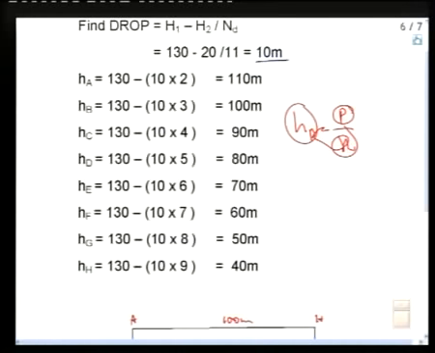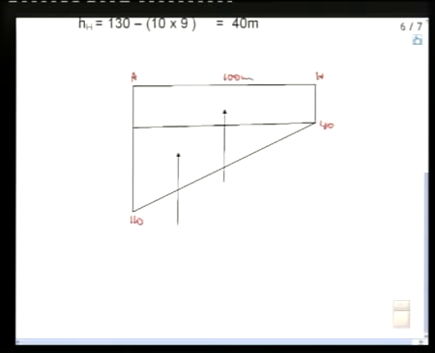So I draw 100 meters to scale, 110 to scale, 40 to scale. I connected it, then I have this trapezoid. To find its volume, I will divide it.